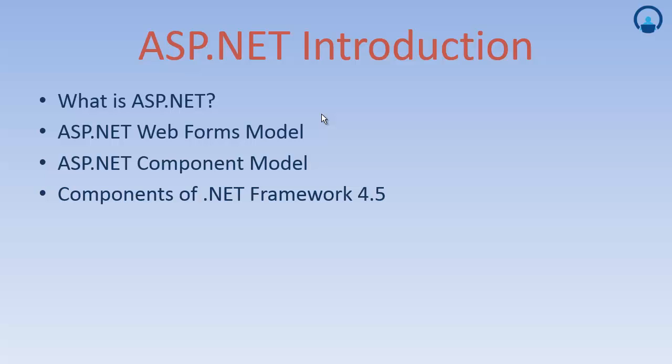So when a user requests an ASP.NET page, what happens in the background is that IIS delegates the processing of the page to the ASP.NET runtime. The ASP.NET runtime transforms the page into an instance of a class which inherits from the base class of the .NET framework. Therefore, each ASP.NET page is an object and its components, the server side controls, are also objects.